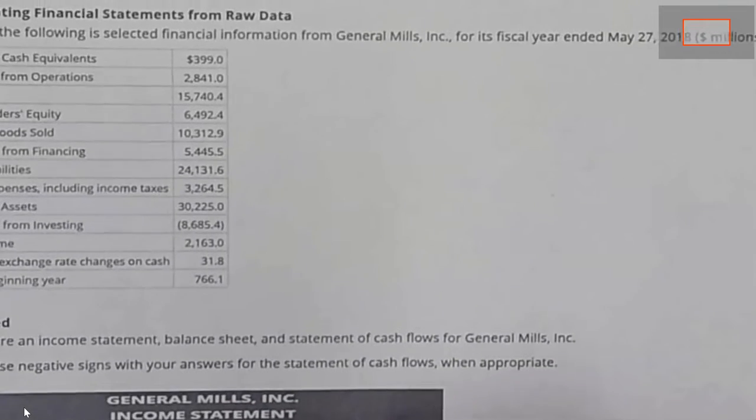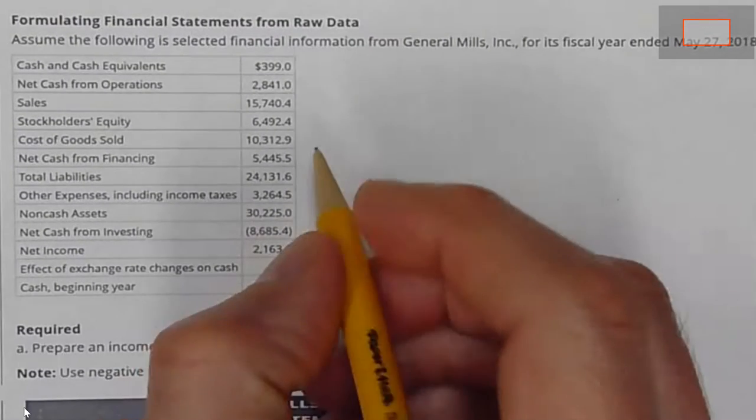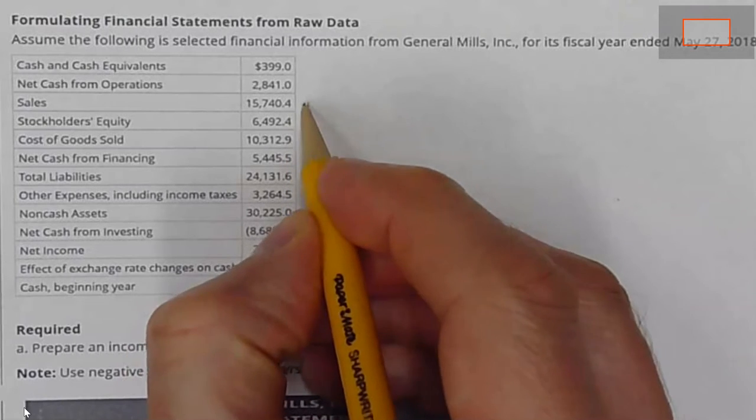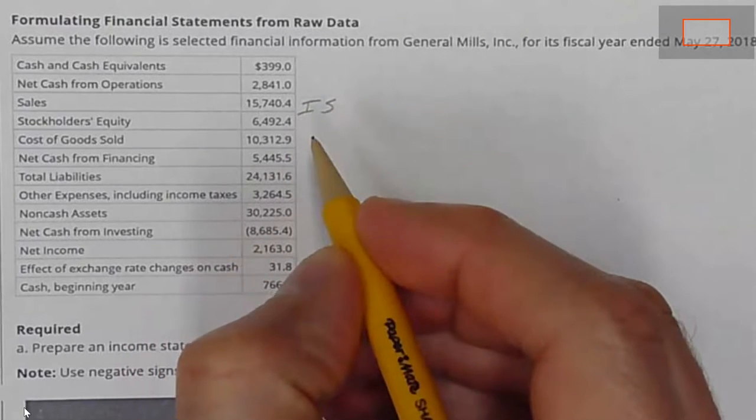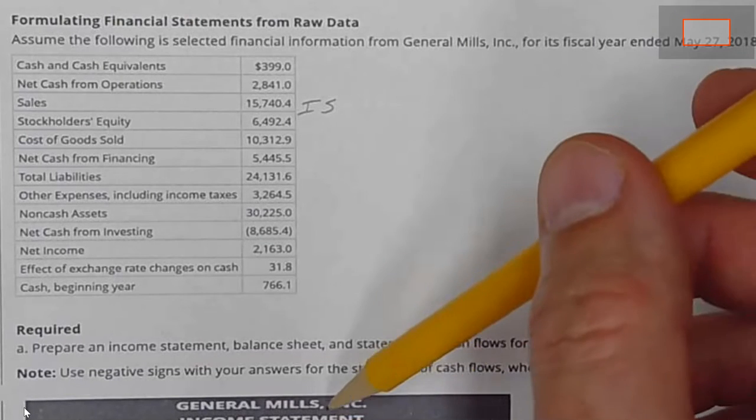Then, to kind of help, and again I do apologize for all the moving around, I'm going to write income statement just like that. That's the only place we're going to have sales, so we can just write IS as an abbreviation. Let's focus on the company here, General Mills.